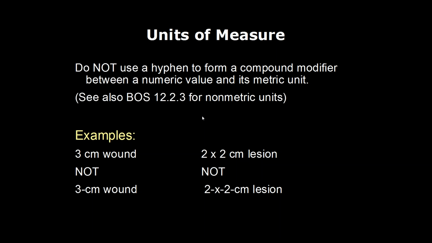And I note this other book of style reference that we will come to a little bit later too, because you'll see for non-metric units, things get a little bit interesting. I just put that there as a reference because it refers to this compound modifier business in units of measure. Okay, so fairly straightforward so far.